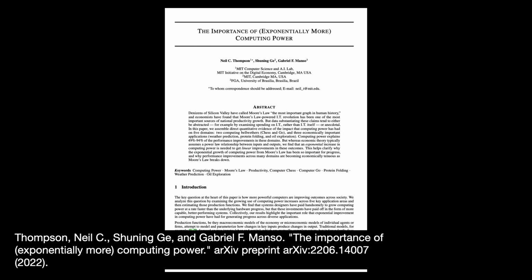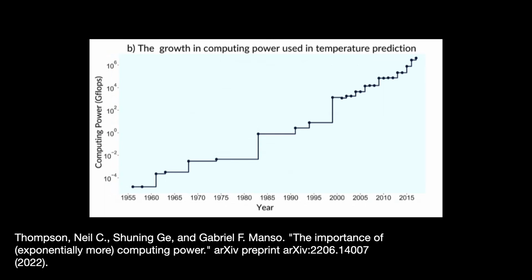A recent very interesting paper out of a team at MIT Computer Science and AI Lab, led by Neil Thompson, looked at the impact Moore's Law has had on 3 economically significant areas: weather prediction, protein folding, and oil exploration. Each of these multi-billion-dollar industries has greatly benefited from increased computing power. For instance, take the weather.